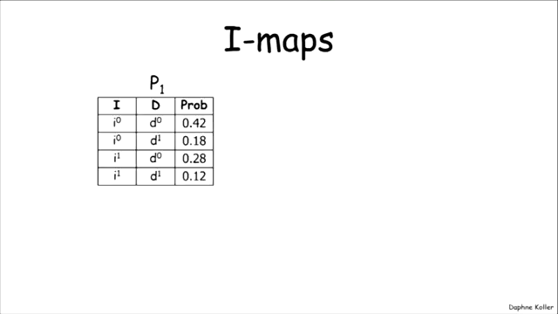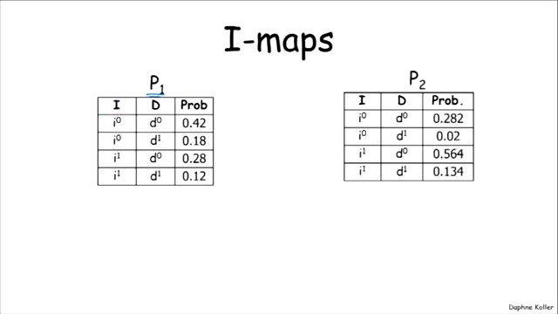So let's look at an example of an IMAP. So let's look at two distributions. Here is one distribution P1. And here is a second distribution P2. And let's look at two possible graphs. One is G1 that has D and I being separate variables, and the other is G2 that has an edge between D and I. So what independencies does G1 imply?